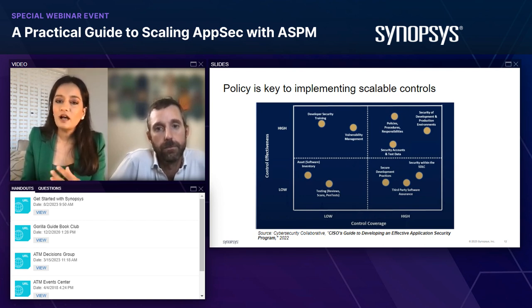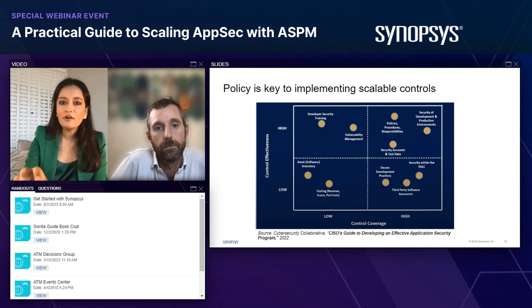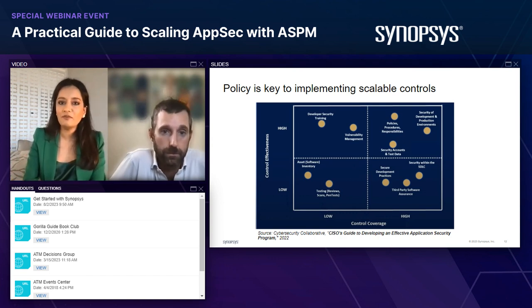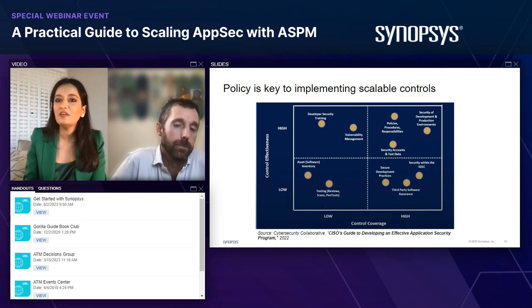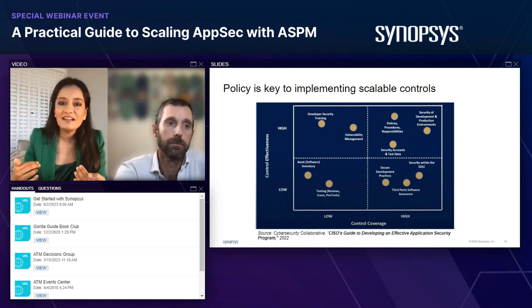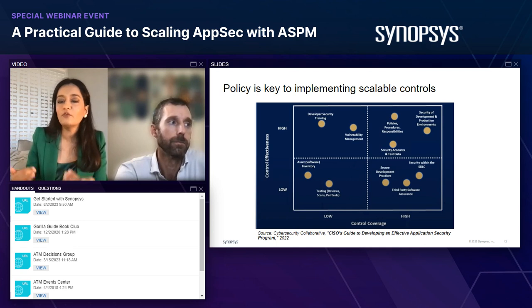And one of the concepts that is touched on here is that there are certain initiatives that, while it's a very desired approach to have in an AppSec program, and ideally we are able to do all of what is plotted on this graph here, there are some through which you will not necessarily get the type of coverage you want, even though they're highly effective. And there are some initiatives where you can accomplish that level of coverage if you do it right, and you can achieve a certain level of automated and very scalable control.